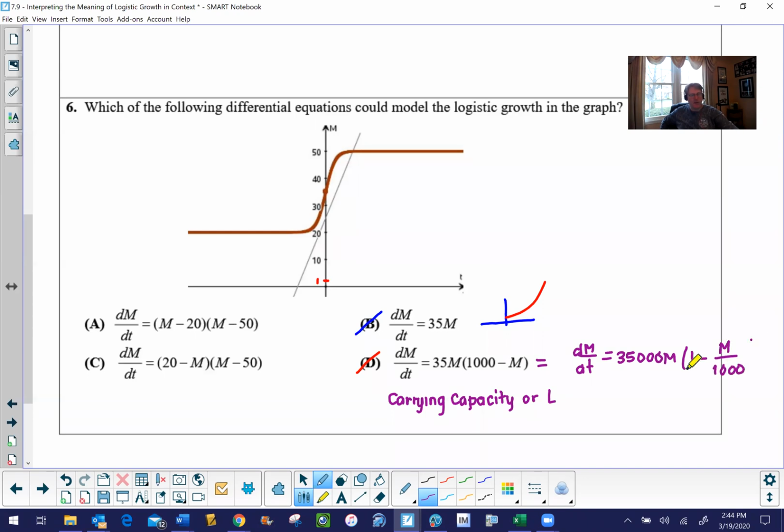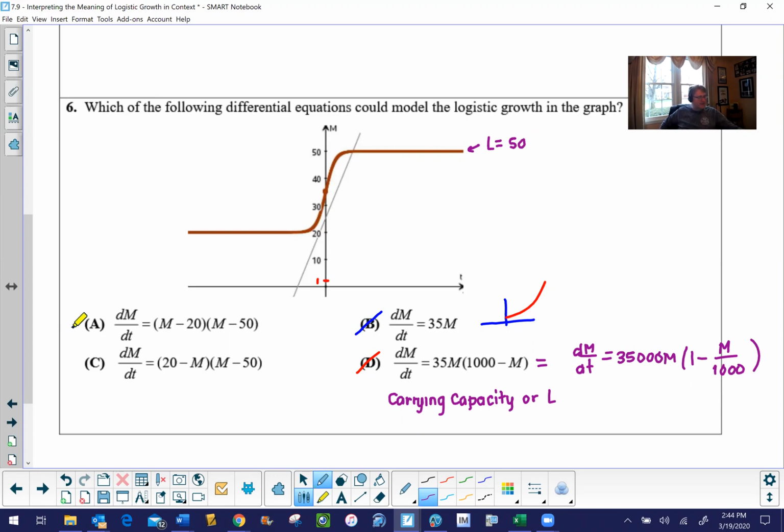And remember, 1 minus the population over L is what resides in those parentheses, with K times the population out in front. So there's your L, that 1,000, okay? By looking at the graph, it's pretty clear that the carrying capacity, or L, if I can call it that, would be 50. So that's another way that you can get rid of D.